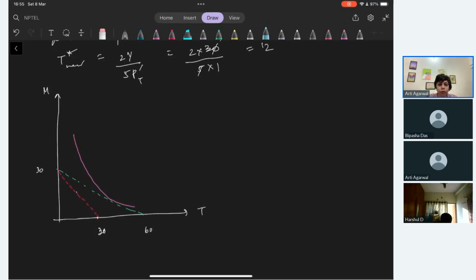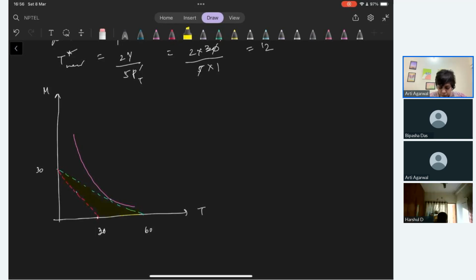I'm just drawing what is happening. I've not talked about anything about Marshallian and Hicksian so far. Now what we are trying to do is just map what is actually happening here. So this was the point initially. Now, this whole part is lost because the prices have changed.